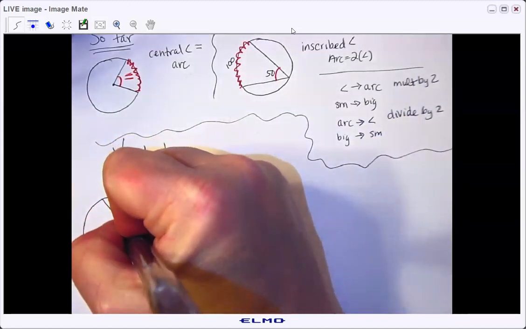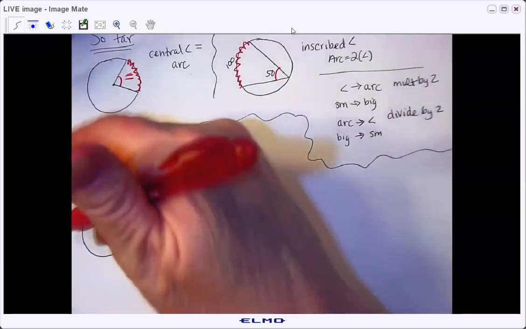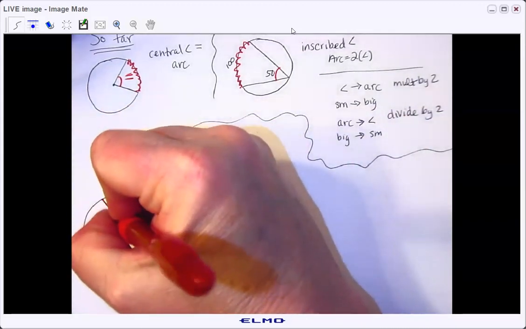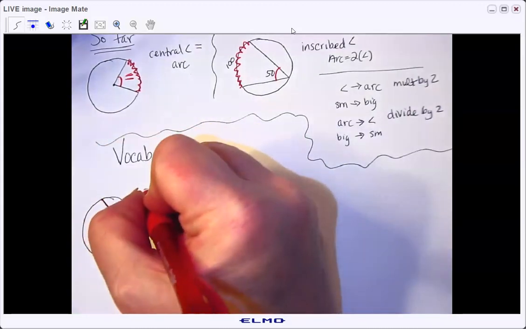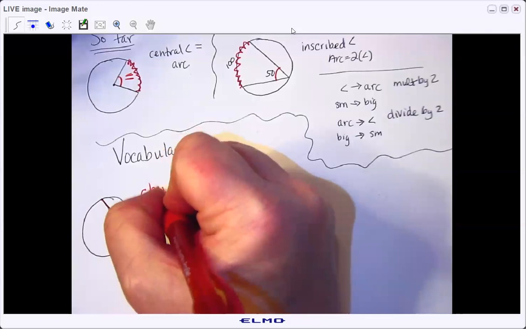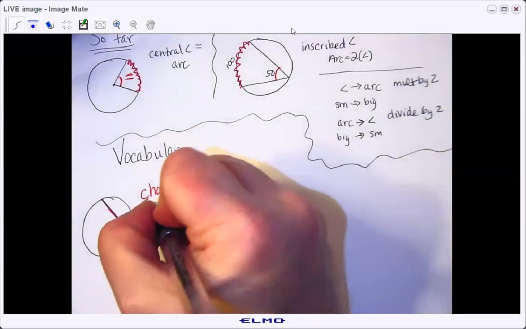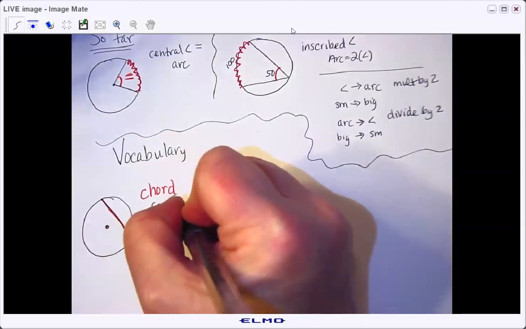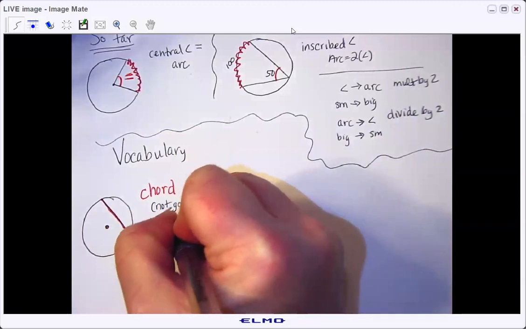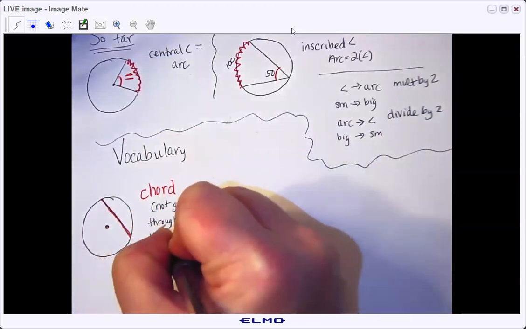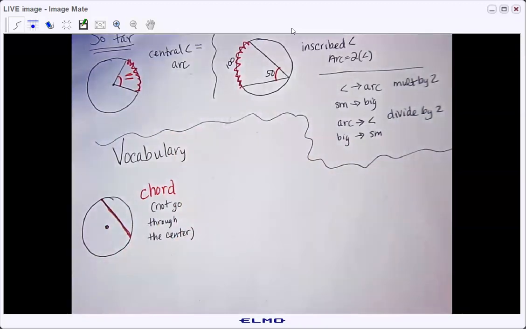So it would be something like that, from one edge to the other. Actually, I'm gonna make it red. This is a chord, C-H-O-R-D. And this does not go through the center. The one that goes through the center is called a diameter.